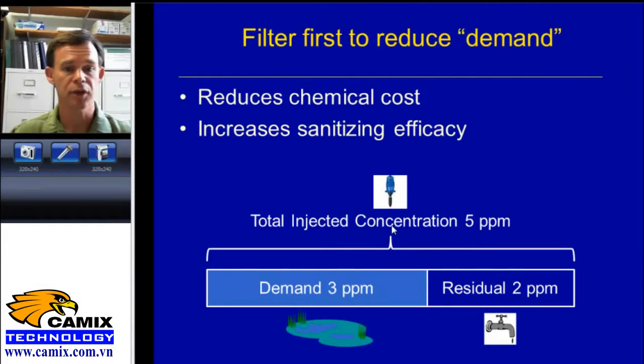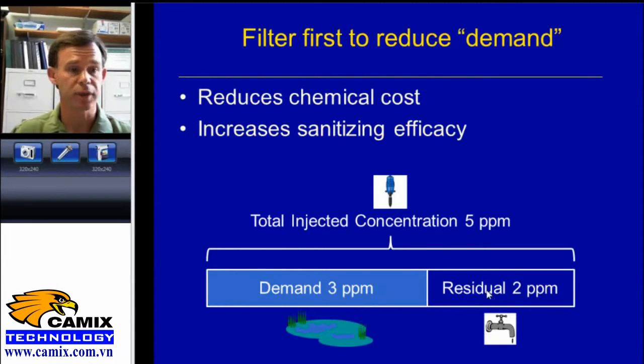And so basically what a grower is going to need to do is to continually measure this residual and adjust the injected concentration to account for the varying demand from their irrigation water.